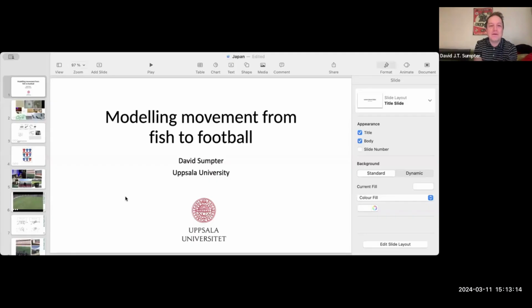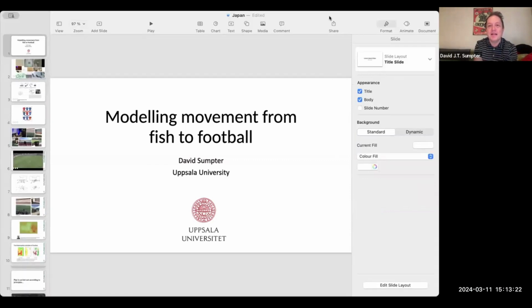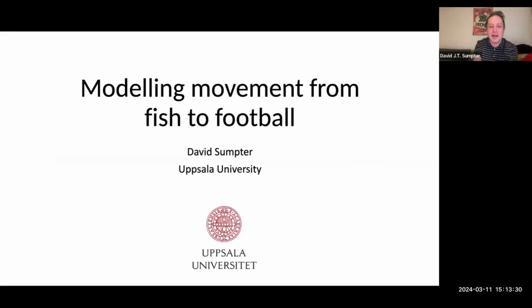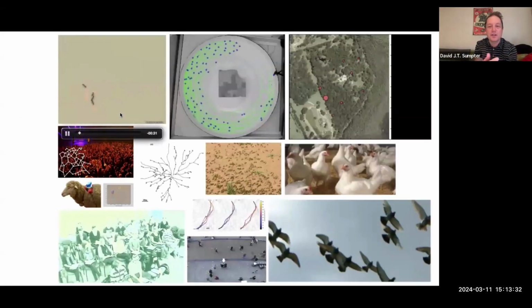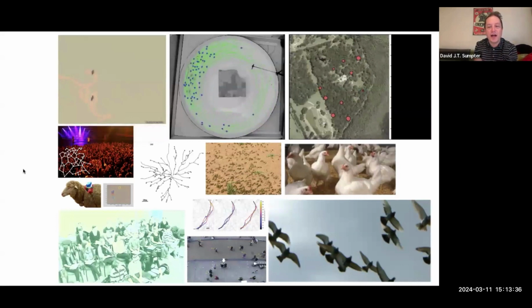But I'm going to talk mainly about football, to be honest. But what I wanted to start by saying is that I got into this area really through modeling the behavior of animals. For many years, I worked on collective behavior of animal species.